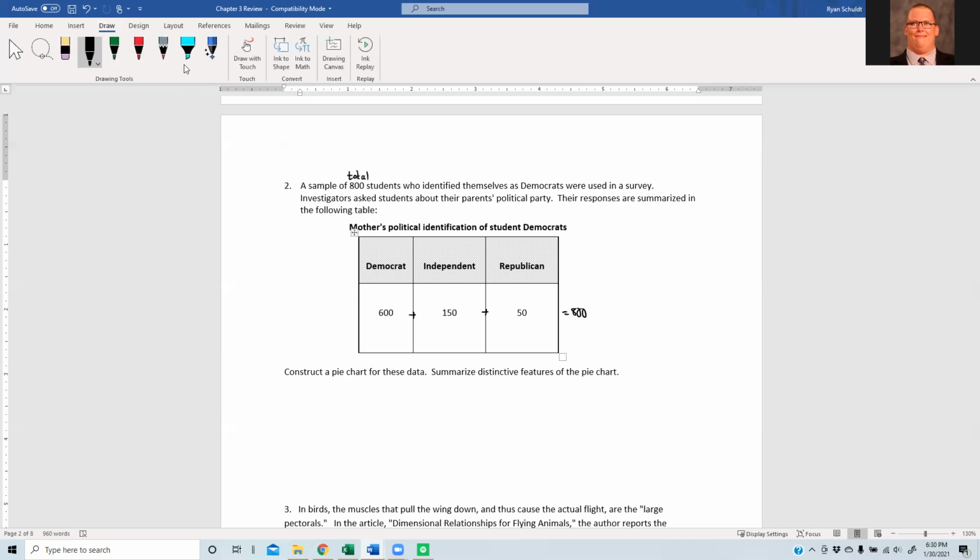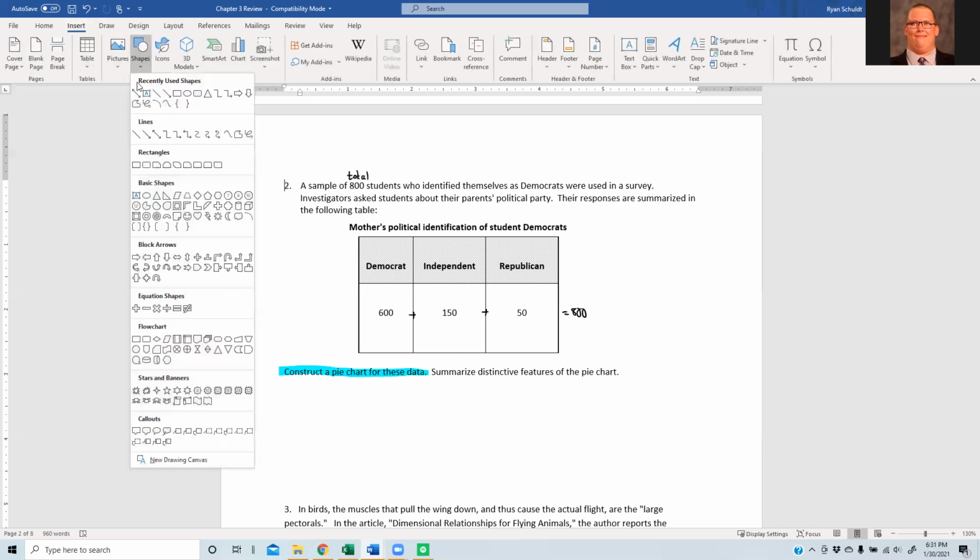Now let's see what the question asks. The question asks us to construct a pie chart for these data. Summarize distinctive features of this chart. So it's not enough to just draw the chart. You have to summarize it. Okay, so since we're doing a pie chart, we need to figure out the percent for each of these, the number of degrees of our circle.